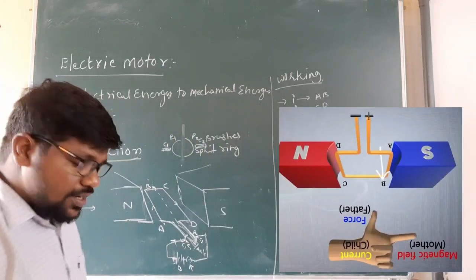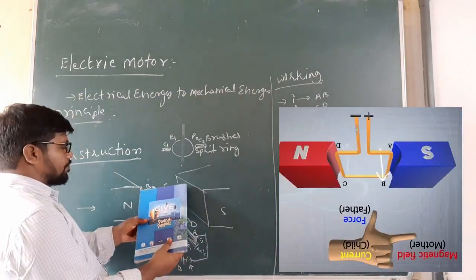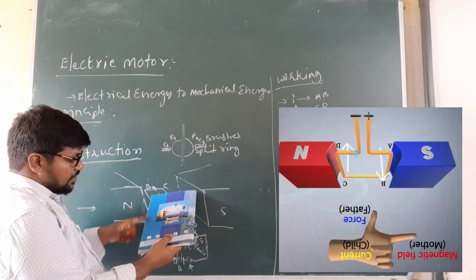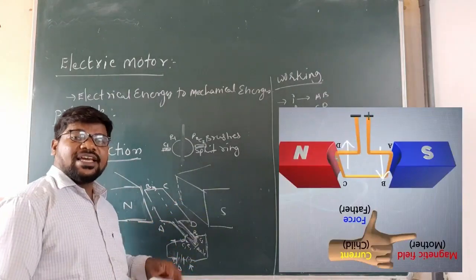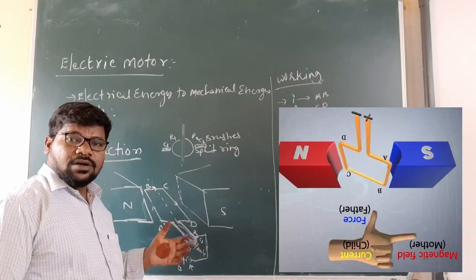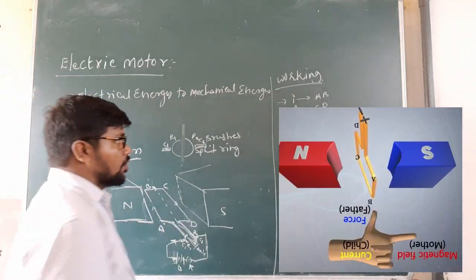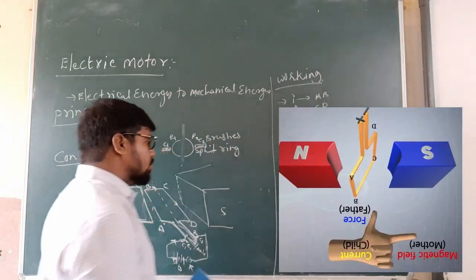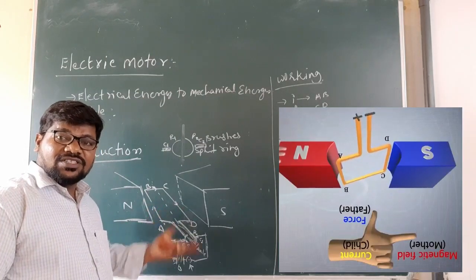We assume the wire is placed in a magnetic field, and as in the previous case, we consider how the field acts on the wire. So by applying Fleming's left hand rule, we find in which direction the force is acting.